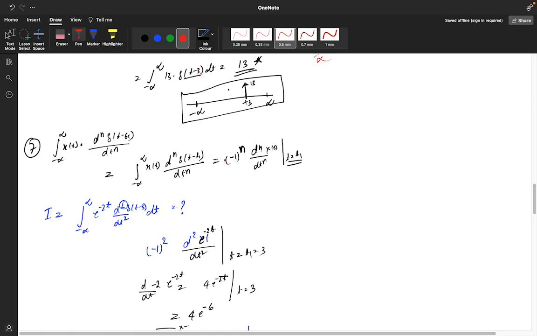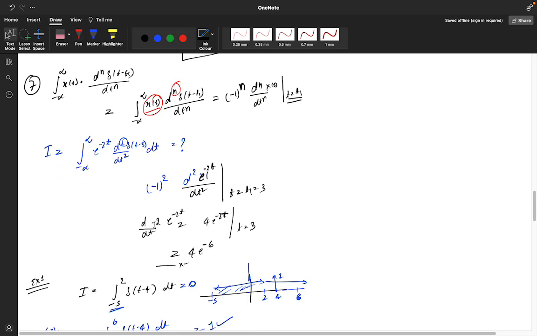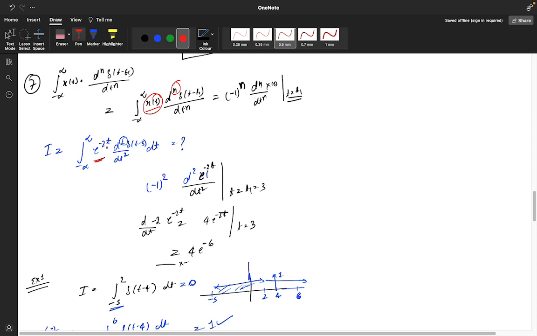So the formula will be, we take minus 1 to the power of the number of differentiations, and we have to differentiate x of t that many times. For example, x of t is e power minus 2t, and they are differentiating 2 times, that means minus 1 the whole square, and you have to differentiate it 2 times.